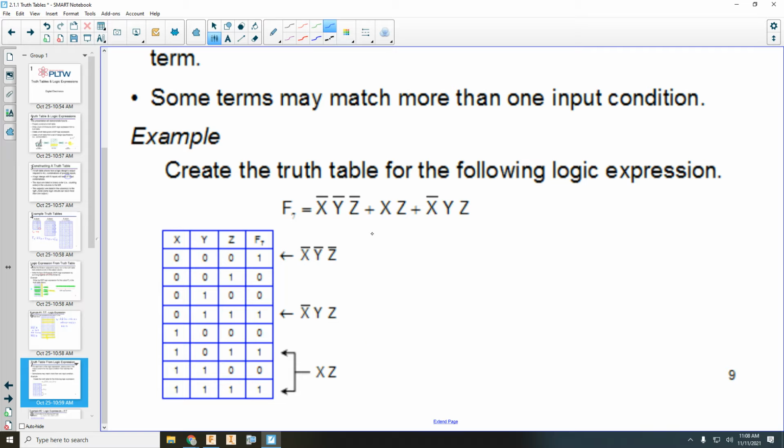But then we have x z. In that term, it only has 2 variables, right? So what does that mean? X has to be on, and z has to be on, and we don't care if y is off or on. So that term gives us 2 different outputs in my truth table.